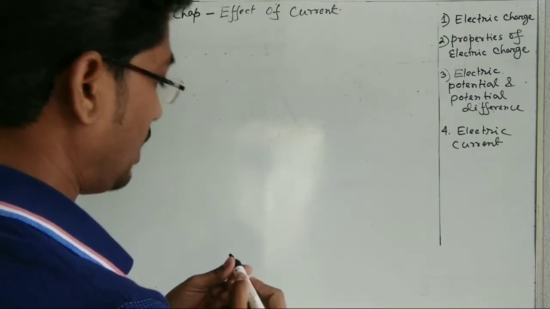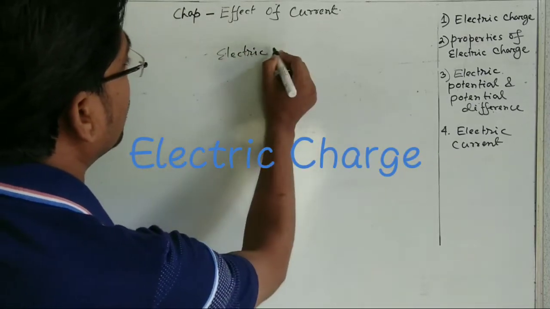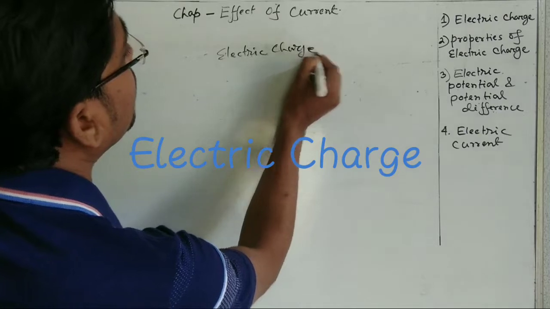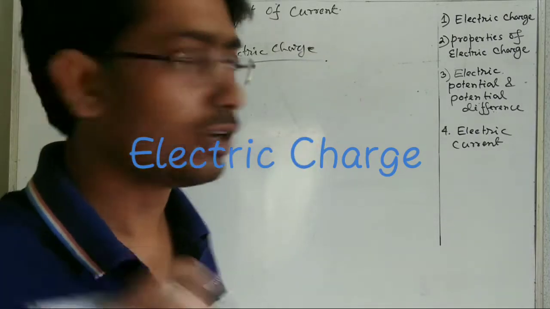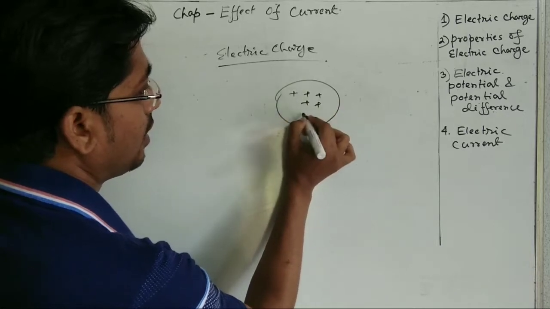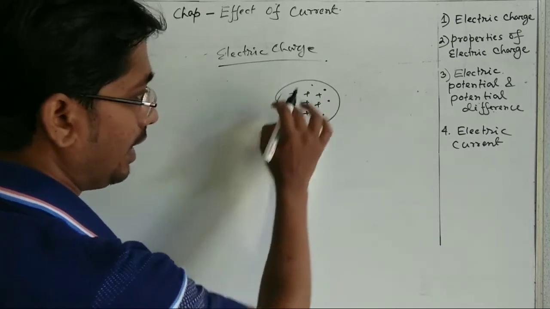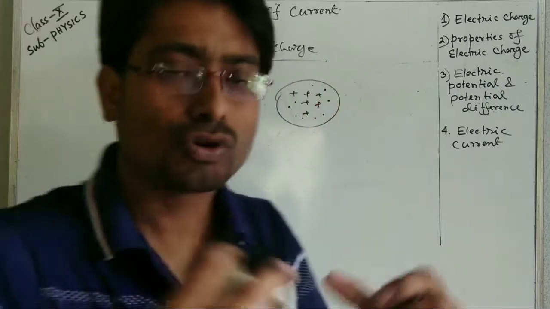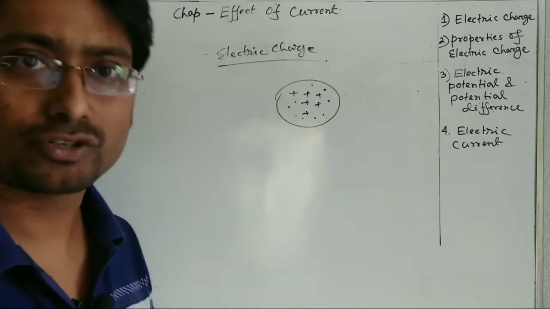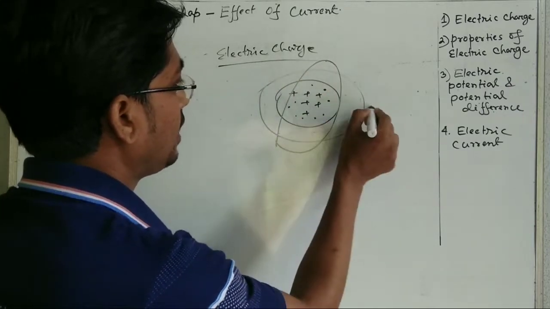If you want to understand what electric charge is, then we have to understand the atom. An atom consists of protons, which are positive charge, and some neutrons, which are neutral. They are at the nucleus, the core of the atom. Some electrons orbit around the nucleus in elliptical orbits.